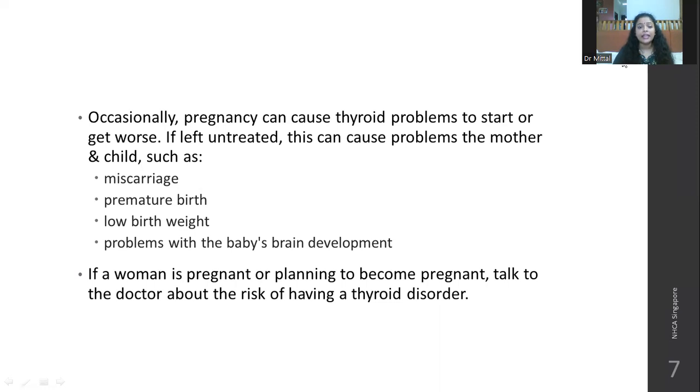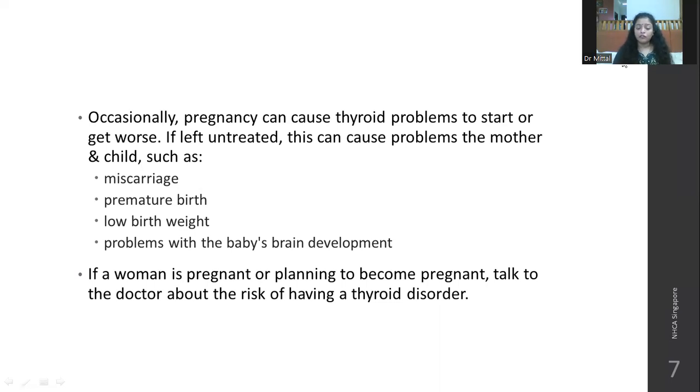The cause may be completely idiopathic, like gestational diabetes and PIH, pregnancy-induced hypertension. In most cases, the cause of why this happened is idiopathic. We do not know exactly. That could also be the reason why thyroid problems started just because of pregnancy.